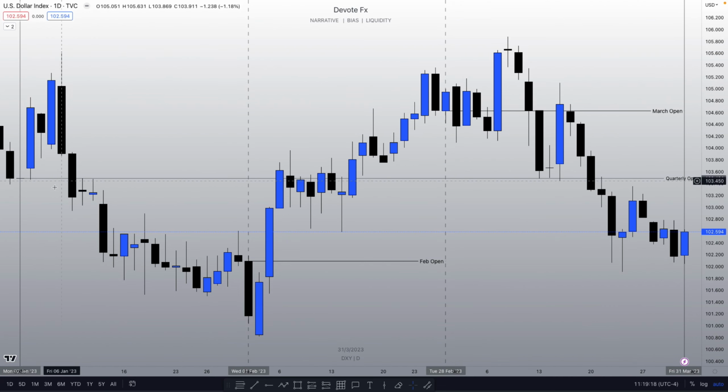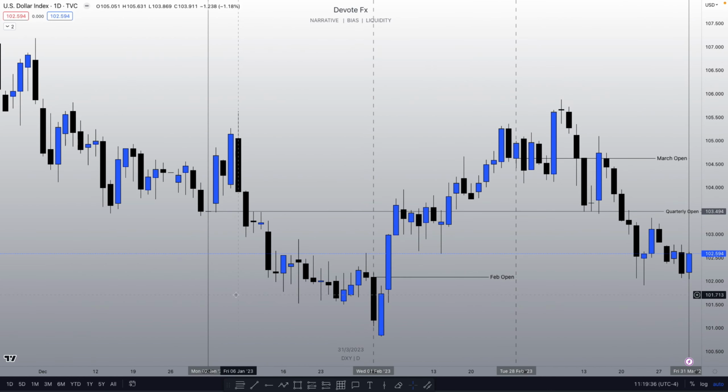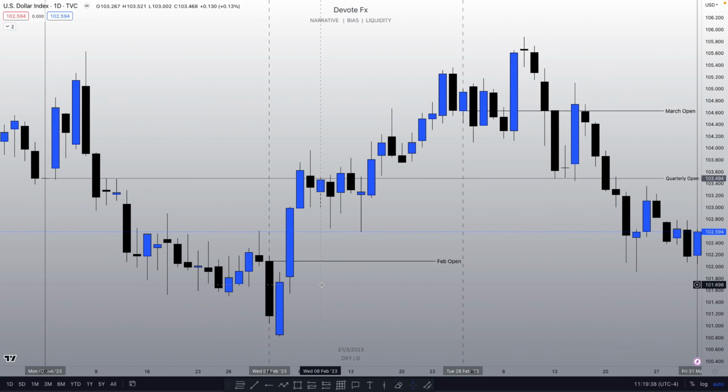We accumulated to start the quarter above opening price, especially and more so yearly opening price, monthly opening price, and then distributed accumulated shorts here until the following month. Now, I'm not going to go through price action outside of this, but we'd be looking to the left to see what this accumulated above, and then price did accumulation, manipulation, distribution.